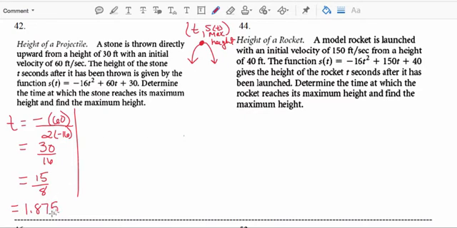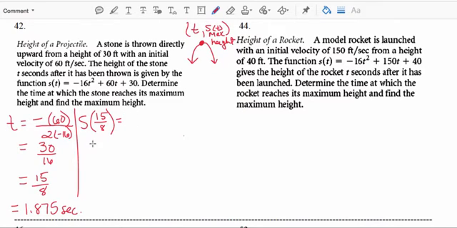The only problem with putting that answer in decimal form is it just takes up a lot of room when you're substituting it back into the function. So I'm going to leave it as a fraction when I substitute in. And it doesn't really matter, you can put in the 1.875, I just know I'm going to be out of room.